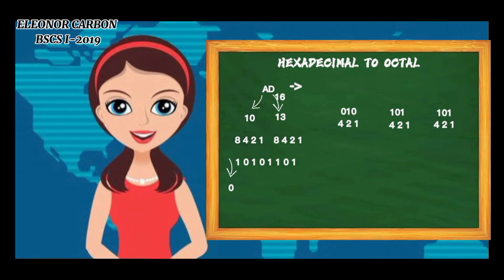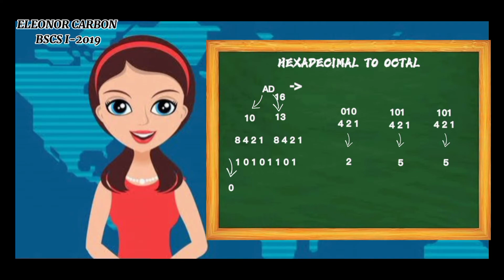Then, next, we have 1 next to the 4, and the 0. So 1 times 2 is 2. And decimal equivalent here is going to be 2. Next, 1 next to the 4 and the 1. So 4 plus 1 is equals to 5.